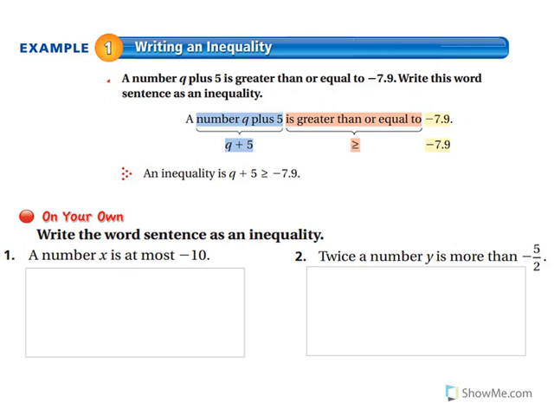So we have a number q plus 5 right here. Well, a number q would be just the letter q, and then plus 5 would just be adding 5. Then we get on to our next part, which says is greater than or equal to. Well, as we knew from the page before, that means we're going to use the greater than or equal to sign. And then, of course, we finish it off with negative 7.9. So our inequality would be q plus 5 is greater than or equal to negative 7.9.